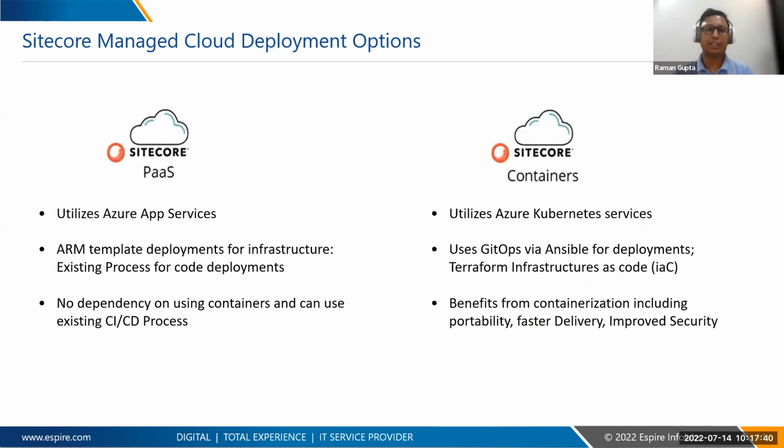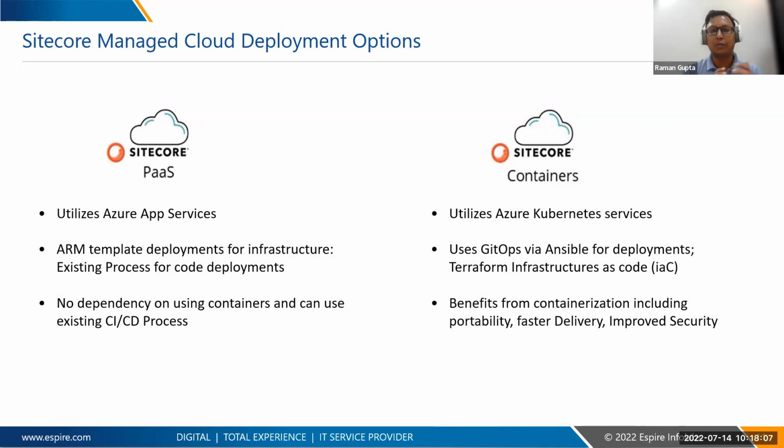Yes. So with Sitecore Managed Cloud, we will basically get two options. One is the PaaS one, and the other one is containers. And within these two options, we will get two variants: the managed cloud standard service and the premium services. So as VK told earlier, Sitecore PaaS is basically platform as a service, and it is recommended when we are on Sitecore 9 onwards.